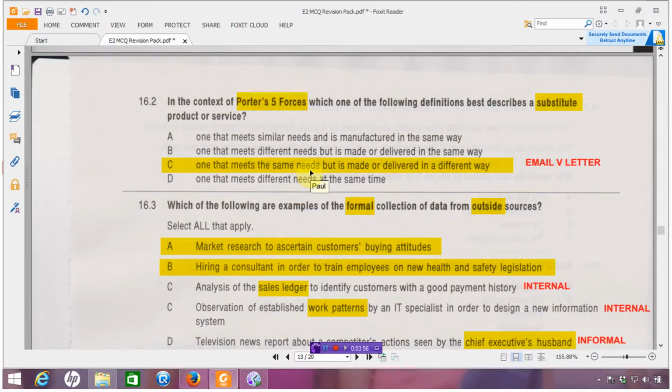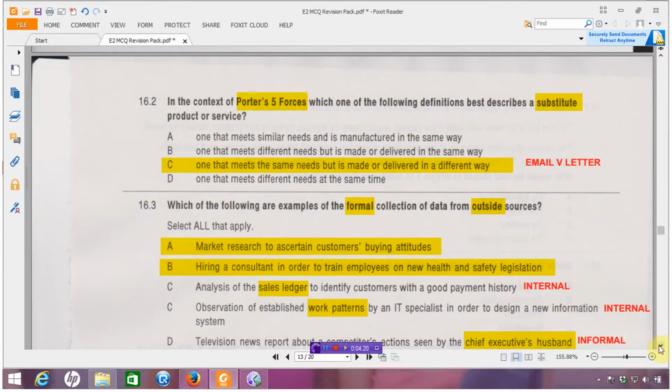Well, it's not. It's one that simply meets the same needs, but it may be made or delivered in a different way. A typical example might be email versus letter. Maybe that's not the best example I could have come up with. Try and think of other examples in this particular area. So substitute: same needs, made or delivered in a different way.